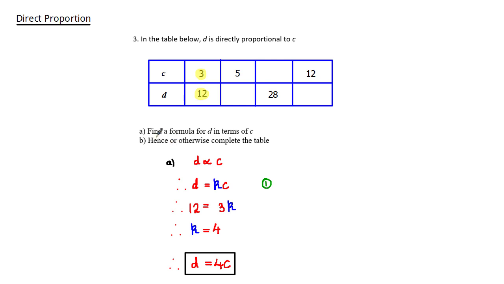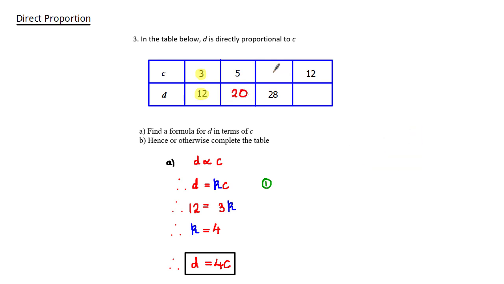The next part says hence or otherwise complete the table. So using the word hence, it's possible that we can answer this question using the previous part. So using the formula that we've just found for D in terms of C to work out the value of D when C is equal to 5, all we have to do is sub this value of C into this formula, and therefore D is equal to 4 times 5, which is equal to 20.